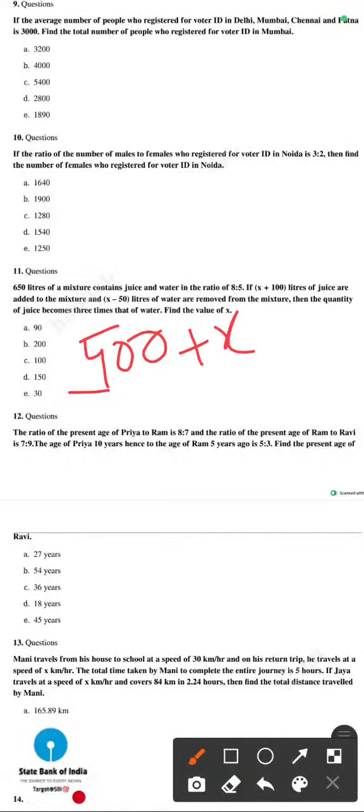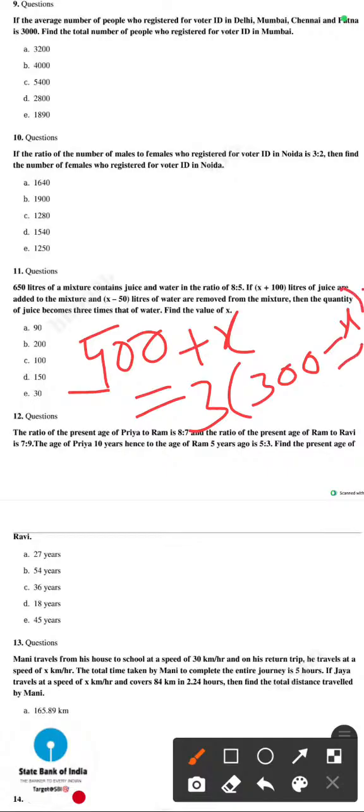In the final statement, it says that the quantity of juice becomes 3 times the water. So juice becomes 3 times of water. Water initially we have is 250, 250 minus x minus 50, which will be 300 minus x.